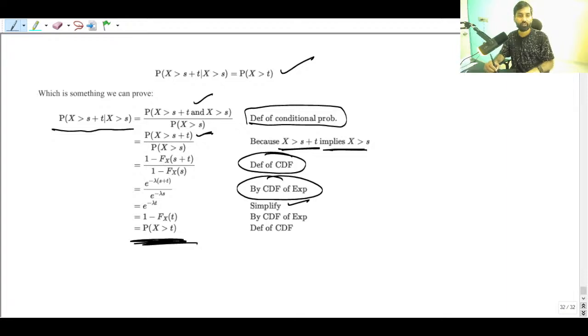Whatever question, whatever concept we are discussing, the question will be asked directly and you will not take much time to solve it. Remember this. This is basically what happens in my class. You have to learn all these. What is memoryless? What does memoryless mean, think. You have to become memoryless also. Suppose you are preparing for GATE for many years.